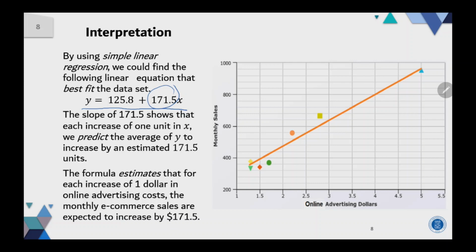That's not too bad, right? You spend $1 in advertising and you will get sales increasing by $171 something. So that is one application of linear equations, which is called the simple linear regression method, or least squares method.